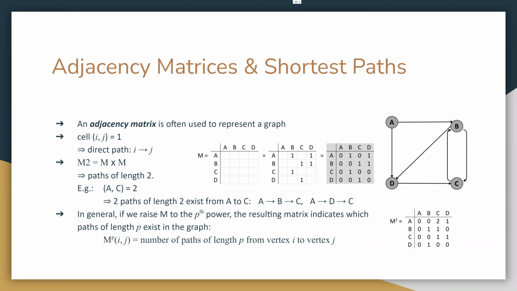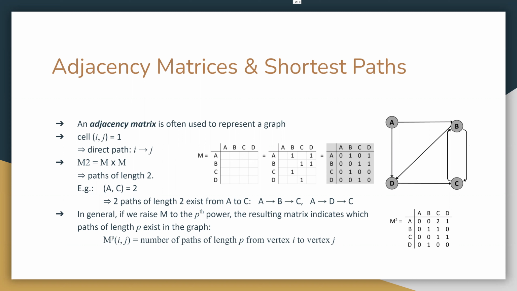If we look at this graph, we can go from A to B to C, and also from A to D to C. That's 2. And actually this trick or formula works on all other lengths.